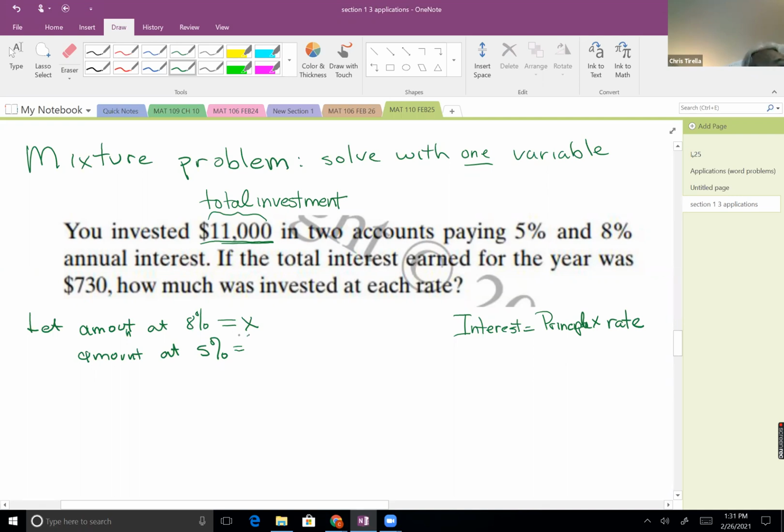And so if X is the amount at 8%, and I know they have to add up to 11,000, does it make sense that the amount at 5% would be 11,000 minus X? Is everybody all right with that? Can everybody wrap their minds around that?